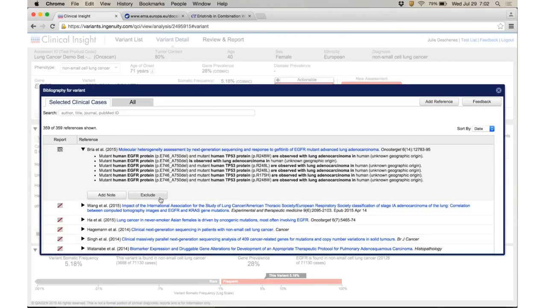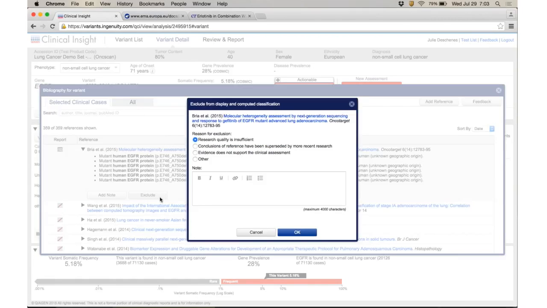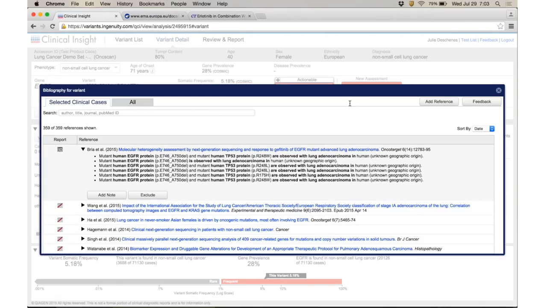If you look into a specific reference and you believe for one reason or another that it should not be included, you could also decide to exclude it based on different reasons, such as quality, conclusion is too broad, and other. So you also have that option, and this will be only for your institution again.